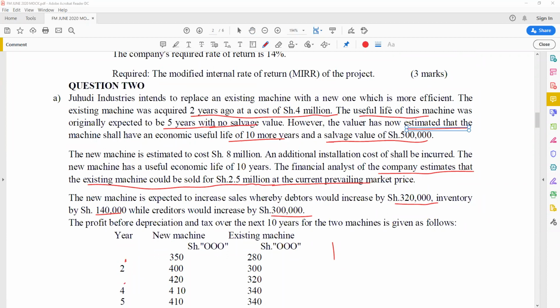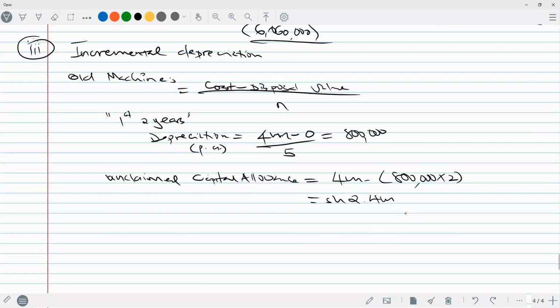Therefore, the revised capital allowance per year for the machine will be equal to what is remaining to be claimed, 2.4 million, minus the disposal value at the end of the new life, 500,000.